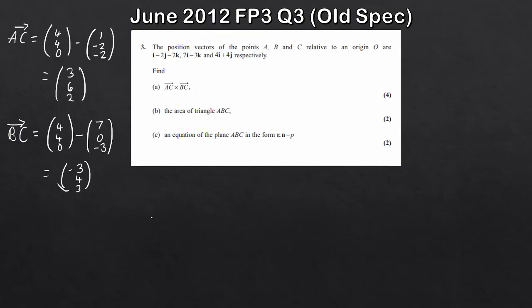Now all I need to do is cross these two vectors, so this will be i, j and k, 3, 6 and 2, and then BC is minus 3, 4, and 3. So again, I'm getting pretty tired of doing these cross products here, but we're nearly there. Let's finish it up. So i lots of 6, 2, 4, and 3.